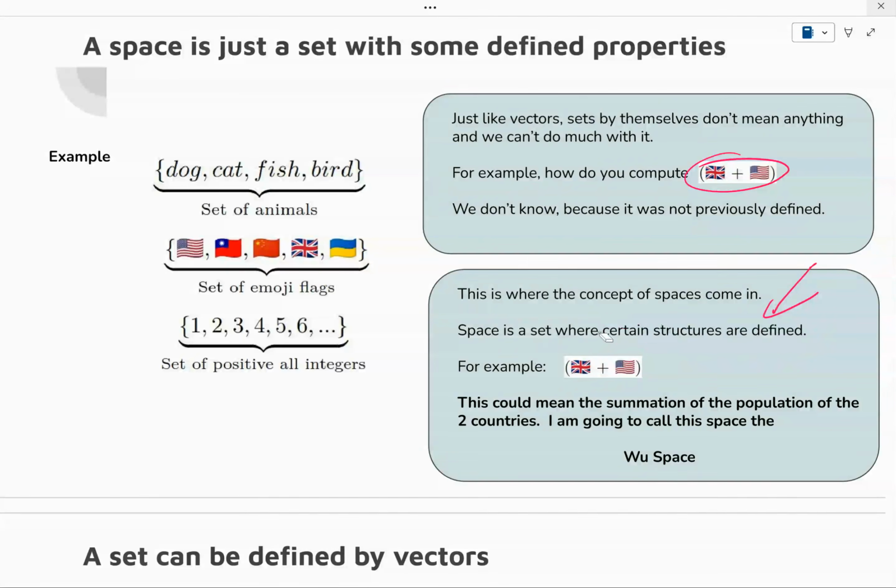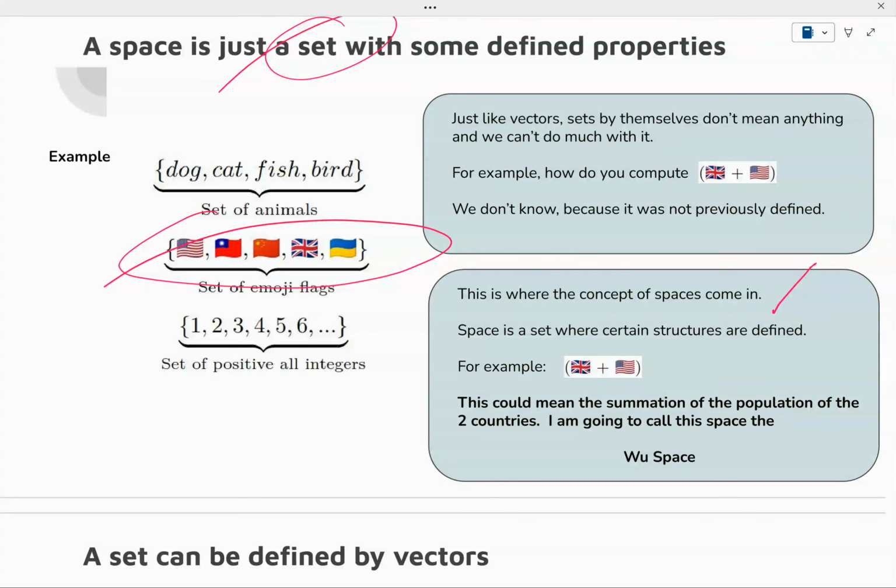So, for example, we don't know how to add this right now, but I'm going to define it now. The addition of these two is equal to the summation of the population of the two countries. And I'm going to call the space Wu space, Professor Wu space. So previously we had a set, right? It was not defined.